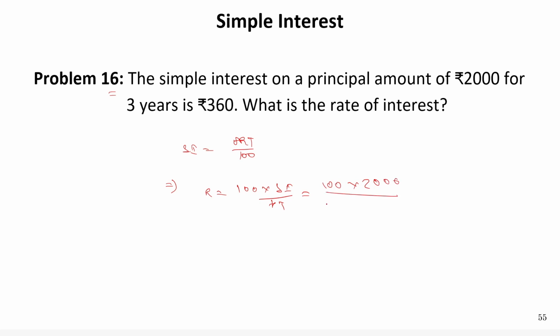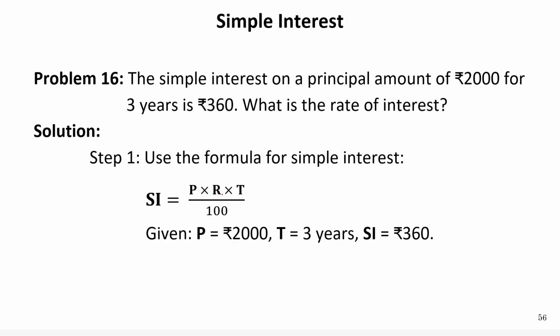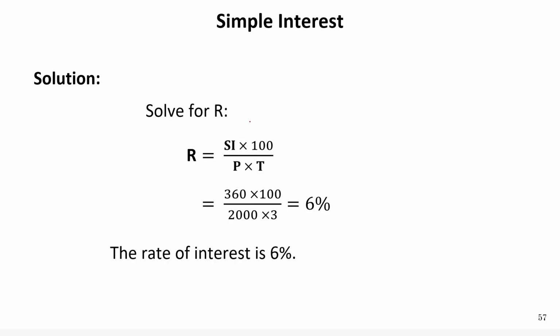P is equal to 2000, T is equal to 3, SI is equal to 360. So solving for R, R is equal to SI into 100 whole by PT, which is 360 into 100 whole by 2000 into 3, that is equal to 6%. So the interest rate is 6%.